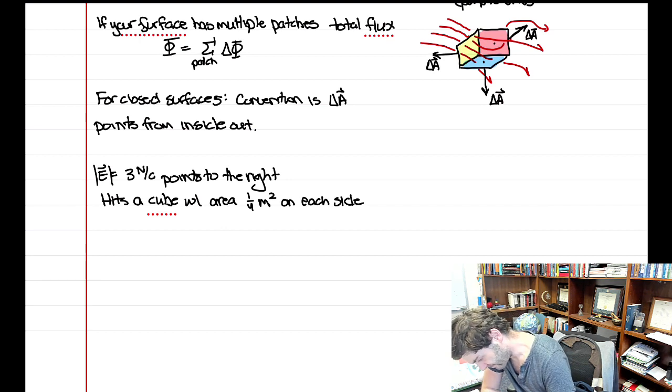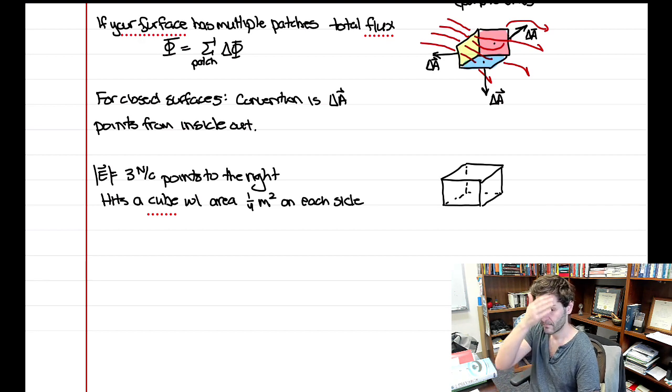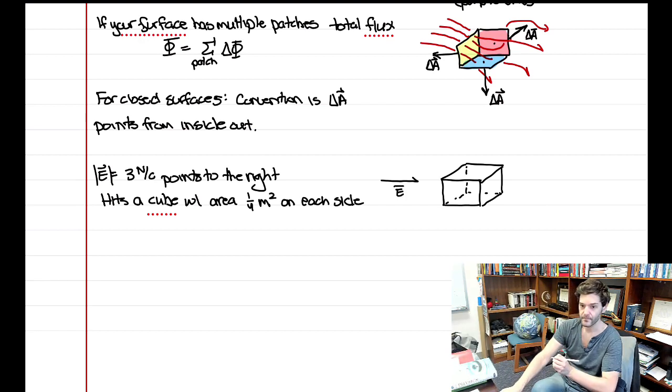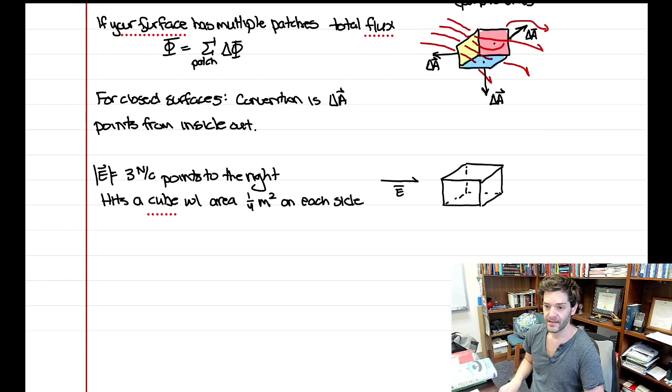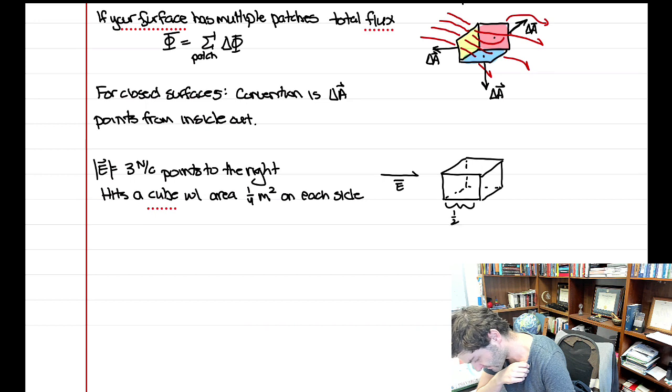So just to draw it, it's kind of like the drawing I had before, but I have the remaining sides included. So in this case, I have an electric field that is going in this direction to the right, and it hits a cube where each side has a length of 1/2 meters.